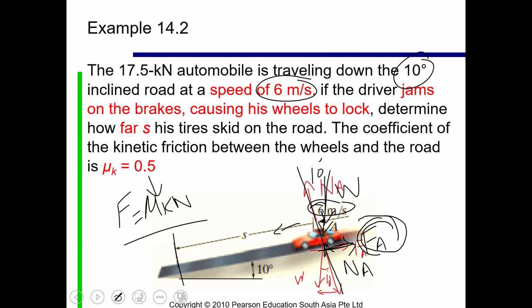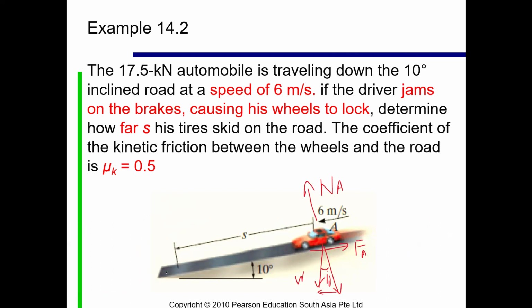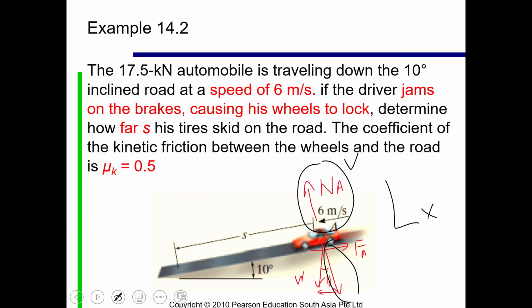What do you think? What should I do? You take N as the opposite of the weight. How do you justify it? You can see that on this side weight is present and on this side the normal reaction is present, right? If I put x and y, x is along the inclination, because this is what I'm dealing with; the distance is in the s direction, the x direction.